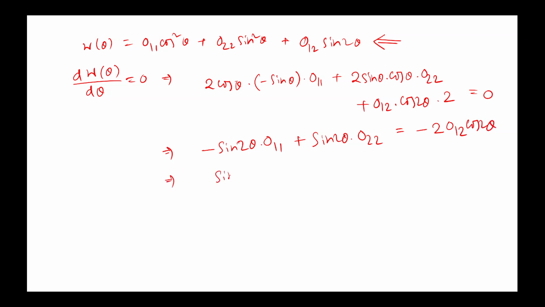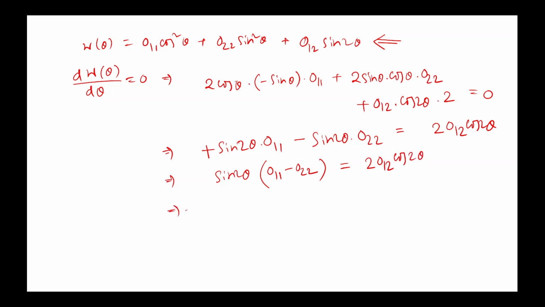If you take sin 2 theta common, you have O22 minus O11. To get rid of this minus sign, I absorb it, so you will have O11 minus O22 times sin 2 theta, and here 2 O12 cos 2 theta.